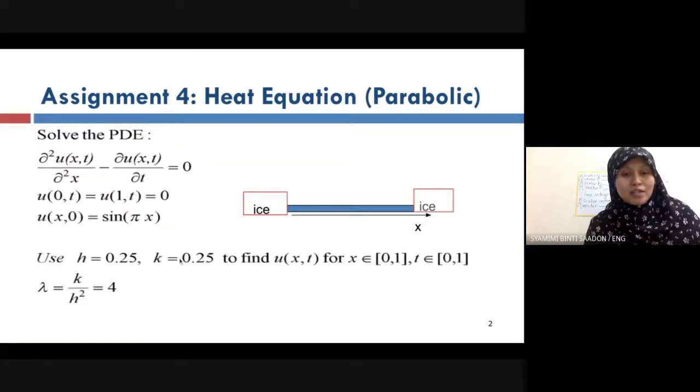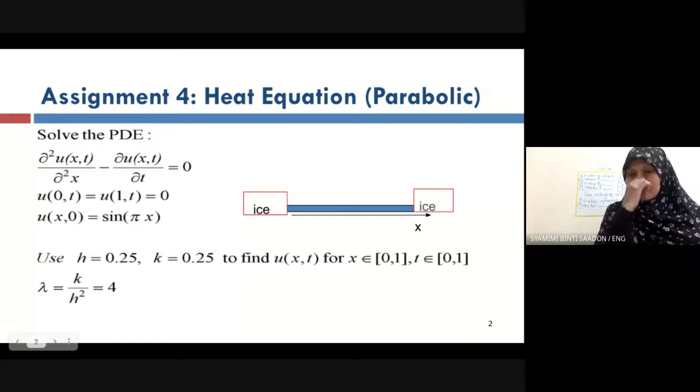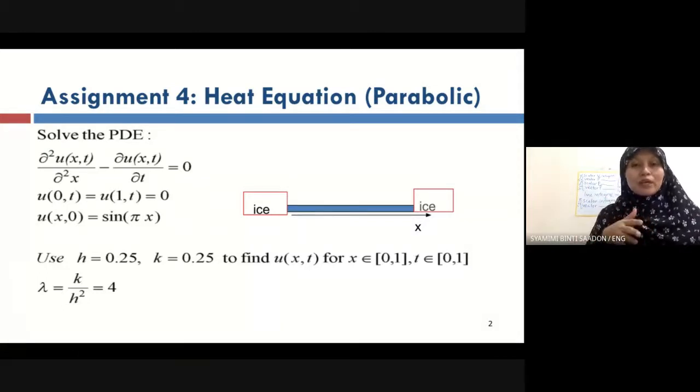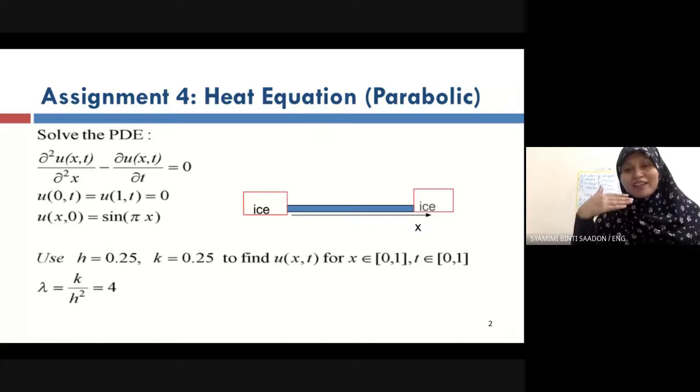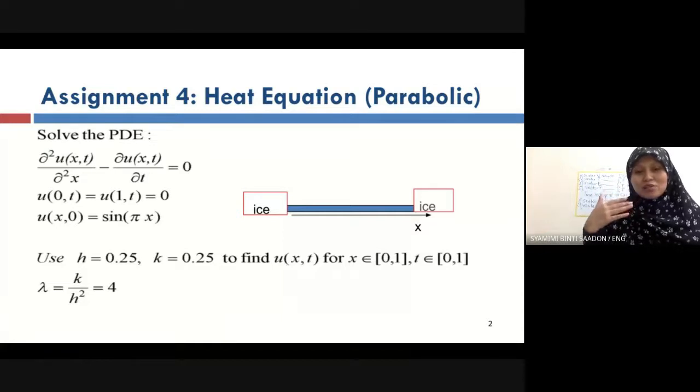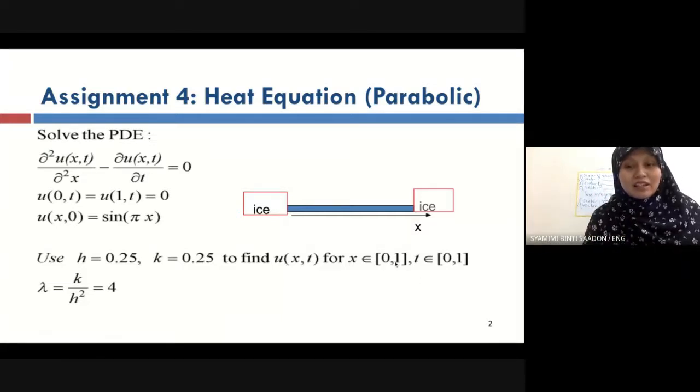For example, if t is 1 second, you have to calculate u0 at t0, u1 at t 0.25, u2 at t 0.5, and so on. And for each time there is a different x, so don't forget about x: you have x1, x2 until x from 0 to 1.